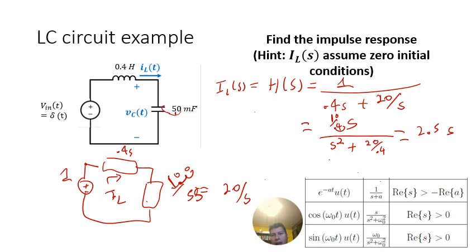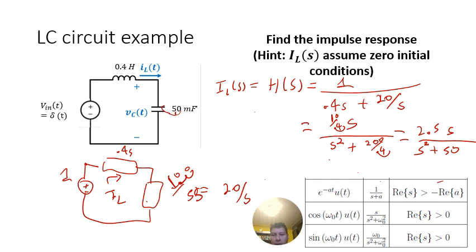And 20 over 0.4 is 200 over 4, which is just 50. And there should be an s squared here.